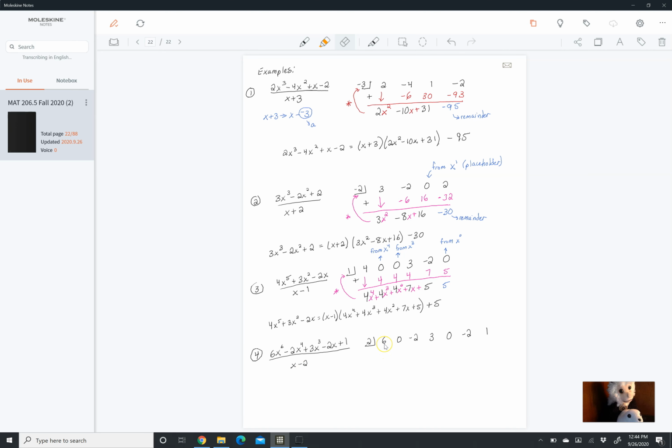So now we have x to the 6th, x to the 5th, x to the 4th, x cubed, x squared, x to the 1st, x to the 0. So now we have it in standard form. Okay. First thing that we do, we carry down the 6.